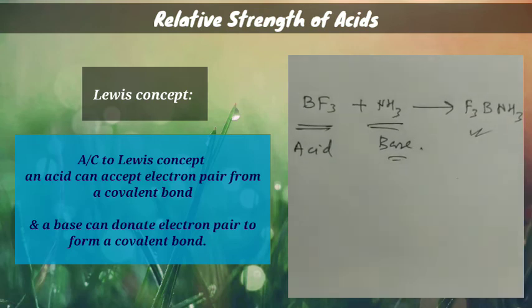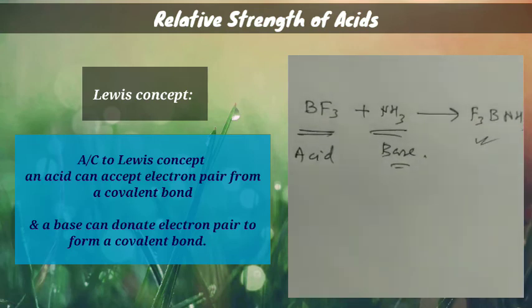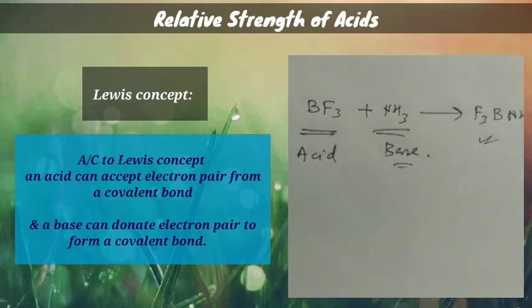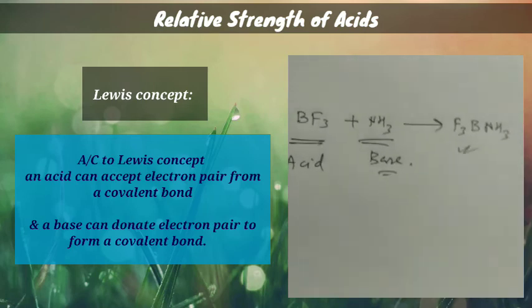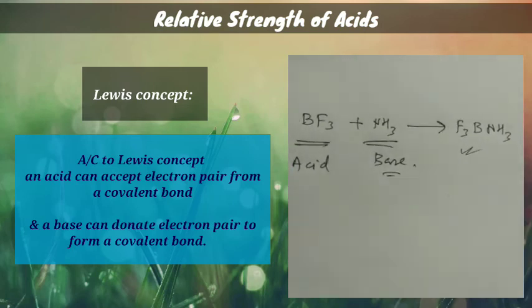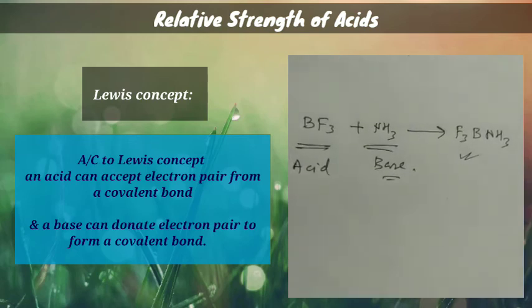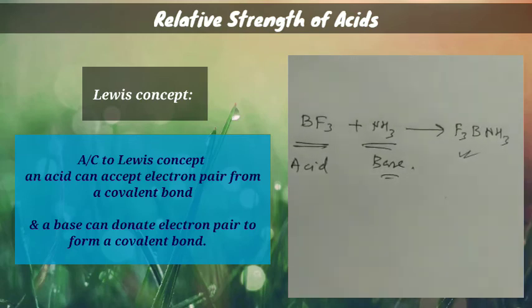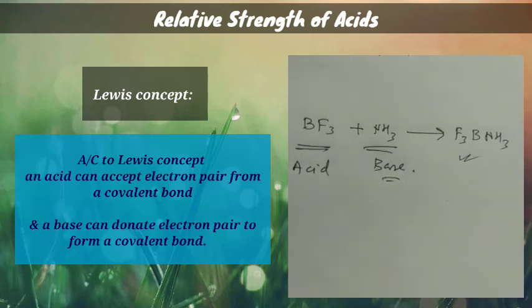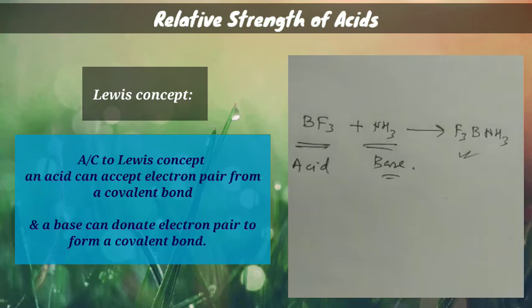Okay, by using the Lewis concept we can define acid or base this way. So from this study, what we learned is that we can define the strength of an acid and base by using the Bronsted and Lowry concept, which was discussed earlier, by looking at how fast the proton will be donated by that acid, or how fast the proton will be accepted by that base.